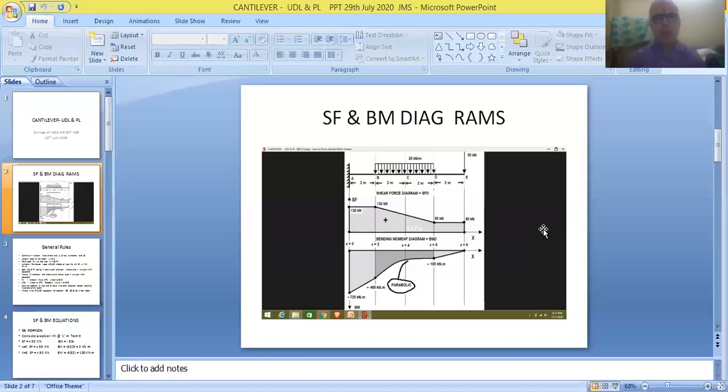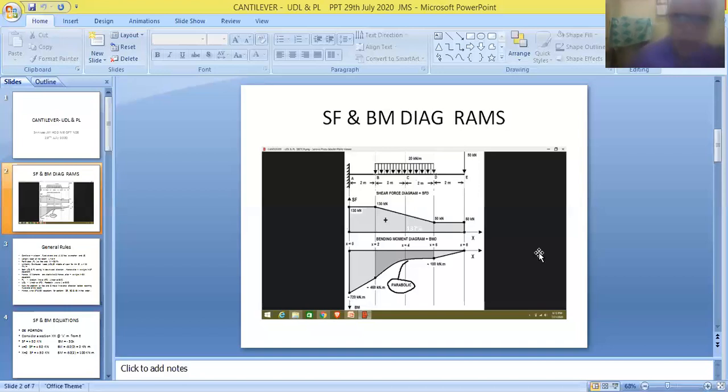Here, the point load is given as 50 kilonewtons, and the UDL is given as 20 kilonewton per meter.